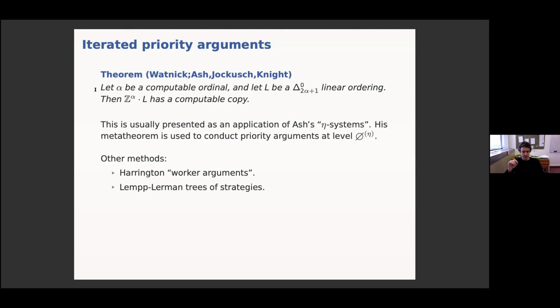You know how when we do priority arguments, we think of finite injury arguments as those that happen with the level 0' jump, and then infinite injury arguments like minimal pair or something like that are considered to happen at level 0'', and then there are more complicated arguments starting with Lachlan that talk about 0''' arguments.